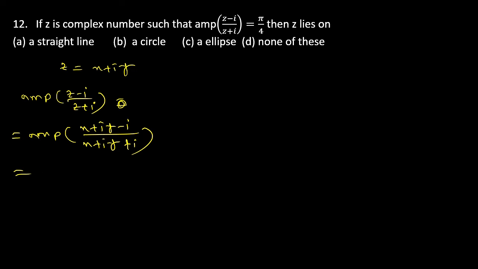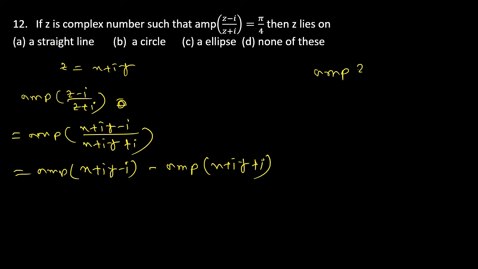It means amplitude of x plus iy minus i minus amplitude of x plus iy plus i, since amplitude of z1 by z2 equals amplitude of z1 minus amplitude of z2.